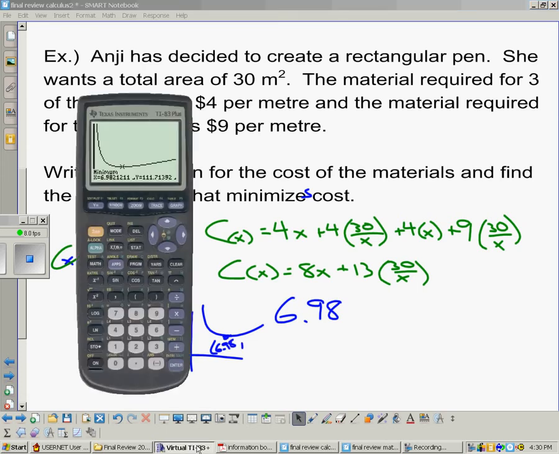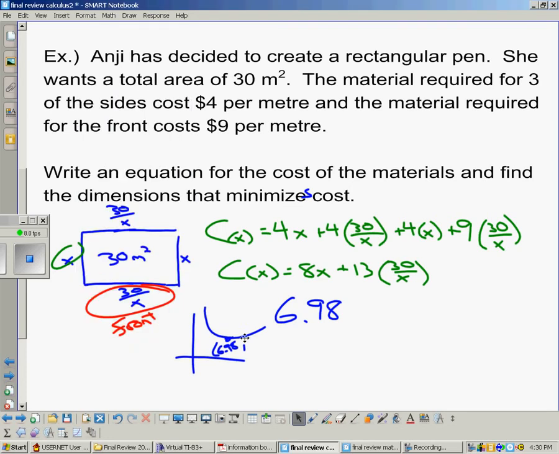And it also gives you the y value there, 111.71. That's the cost. So the minimum cost that you're going to incur is $111.71. If you make your pen 6.98 by, that gives us our x value over here.